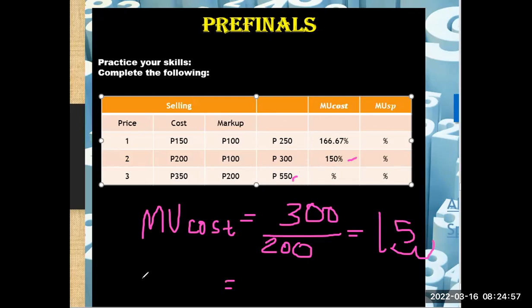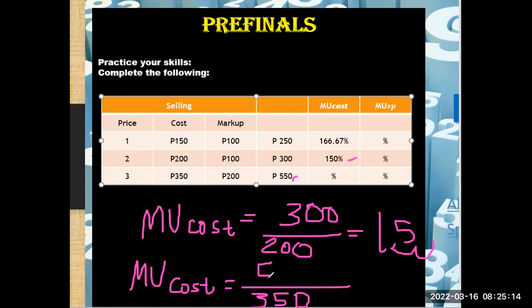So, it's equals to, so markup based on cost ulit tayo. Again, always ang denominator natin yung cost. Okay? It's 350. So we have 550 here.